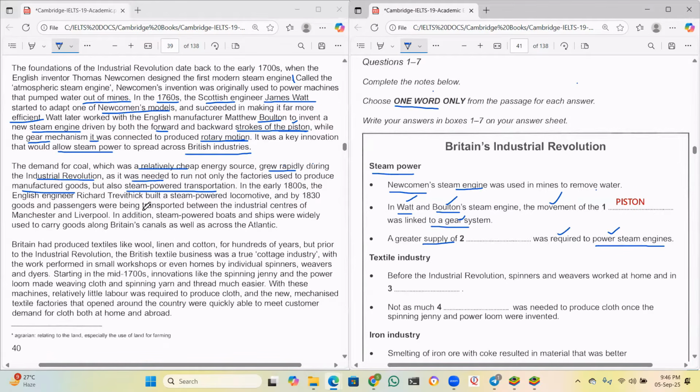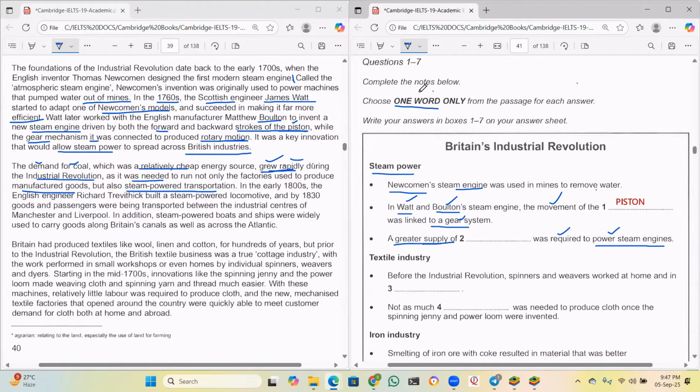Requirement means demand. The demand for coal grew rapidly. Grew rapidly means greater supply. So a greater supply of coal was required to power steam engines. Demand for coal has increased.